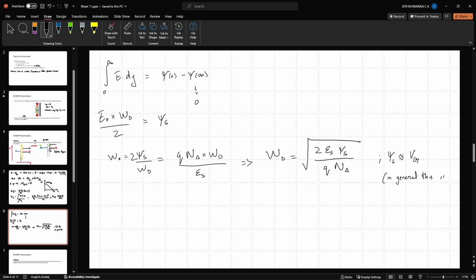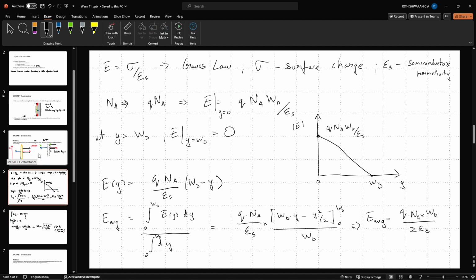Where is this valid? I will come to that pretty soon. That is going to be one of the most important things we shall discuss today. We can substitute that value and get an idea of how deep the depletion region goes into the substrate.